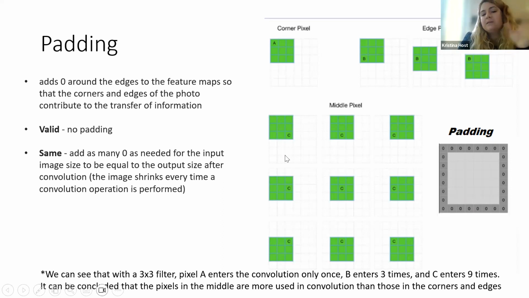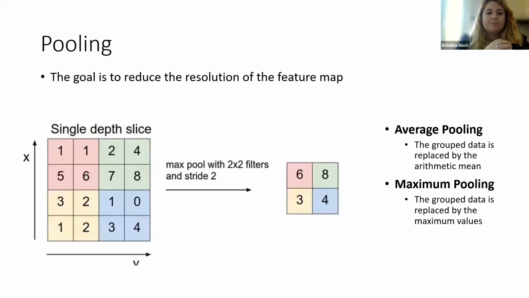And some pixel in the middle is taken into consideration like 9 times. So if we add zeros around the image, we will take into consideration these corner and edge pixels more, because maybe something important is also in that part of the image. So because of this, we use padding.